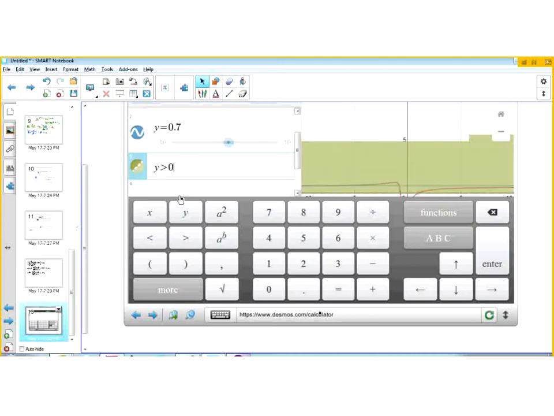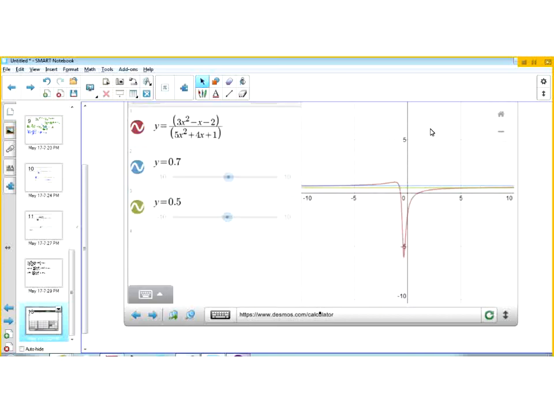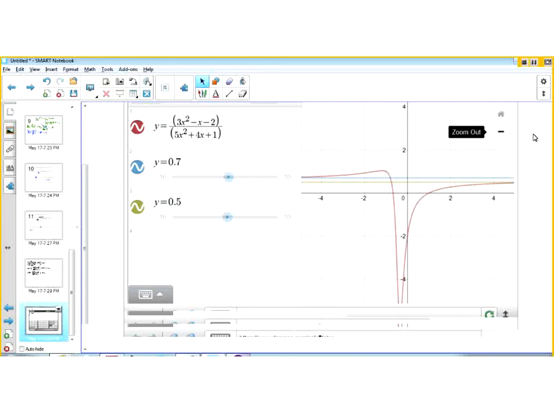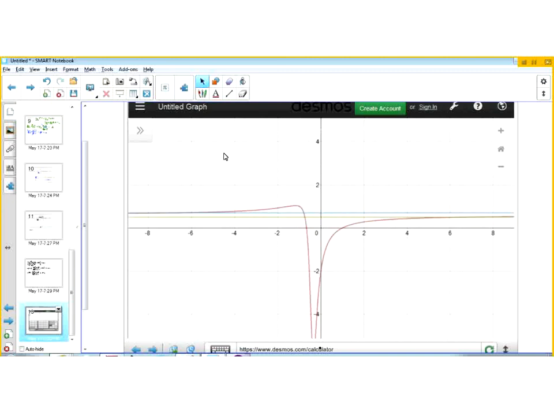So let's graph the line y equals 0.5, and that's shown in green. Okay, so where do we slice the interval? So I'll have to zoom in. Let me collapse this part so we can see more detail.